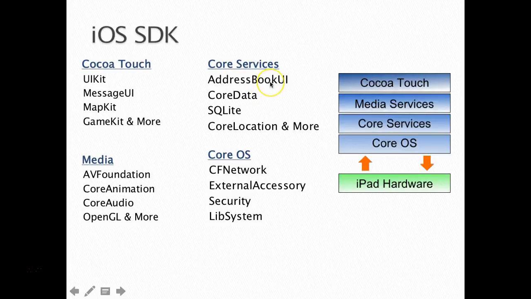So for example, just things like getting the address book. It's a core service. I can get the address book. There's specific code I need to write for the iPhone to get the address book contacts. All I want to do is get the contacts, a list of contacts. Why do I have to write it one way for the iPhone and write it one way for Android? What they did is they've abstracted it. They've written all of the code plumbing to get the addresses from the iPhone and Android.